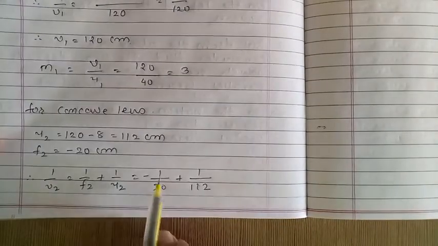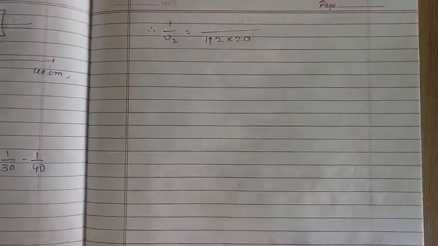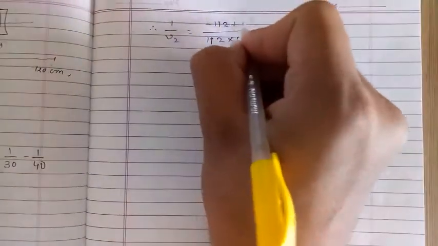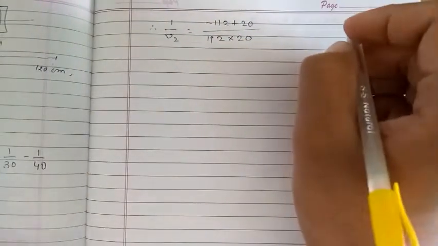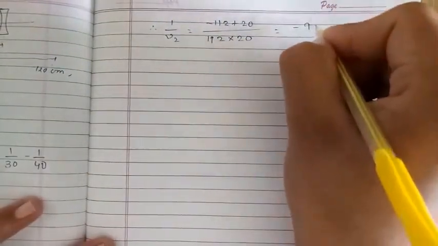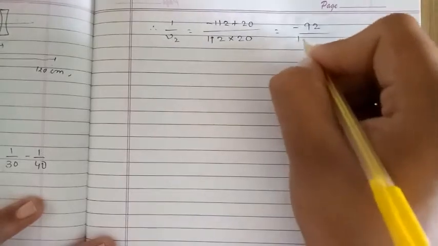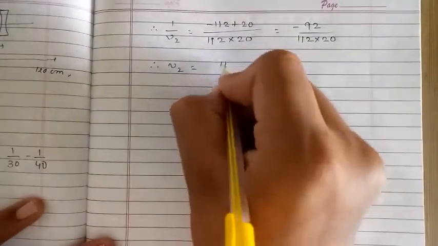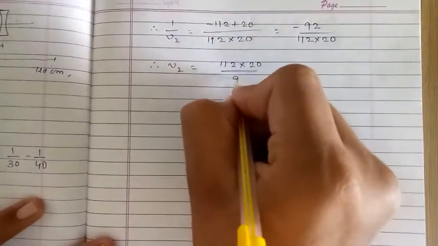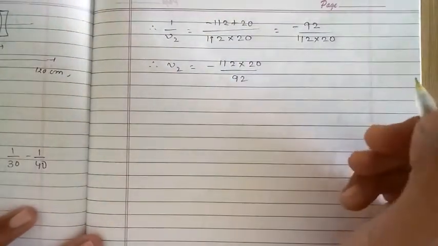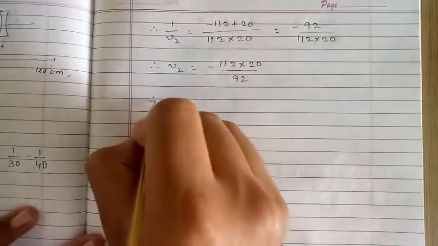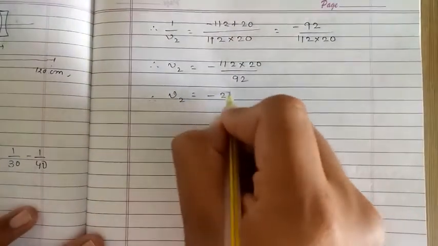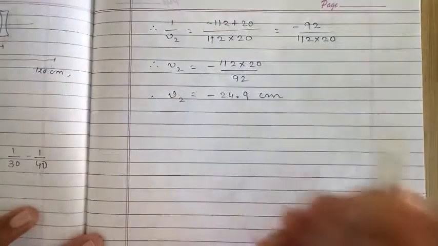So here 112 plus 20, but here minus, so minus 112 plus 20, right? So we get minus 92 upon 112 into 20. So v2 is equal to 112 into 20 upon 92, minus, right? So we get v2 is equal to minus 24.9 centimeter.